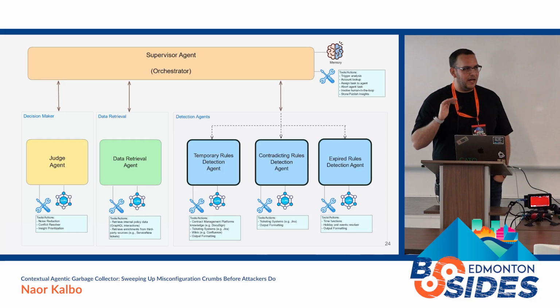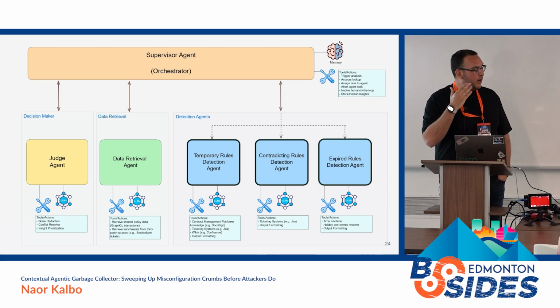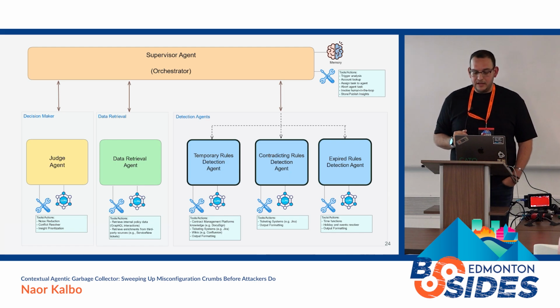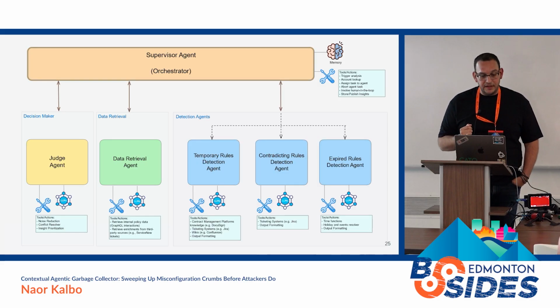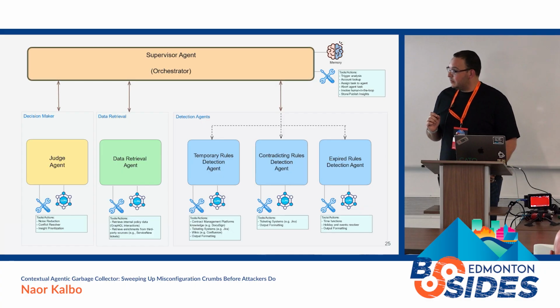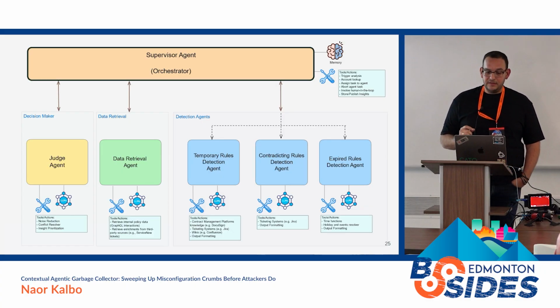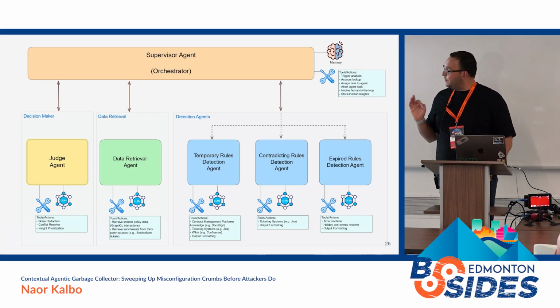They are running simultaneously, but they have different tasks and different comparisons, logic, or heuristics. So when each one of them is done, they return the found insights to the supervisor. And then the supervisor agent initiates the judge agent in order to review all of the found insights.